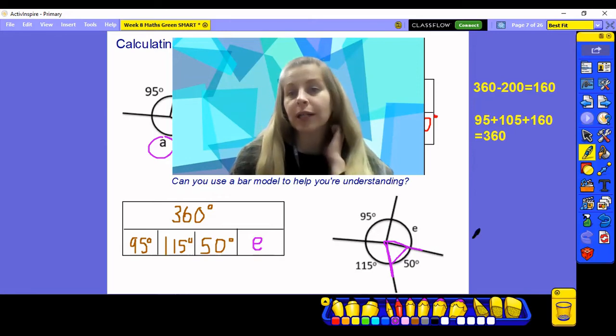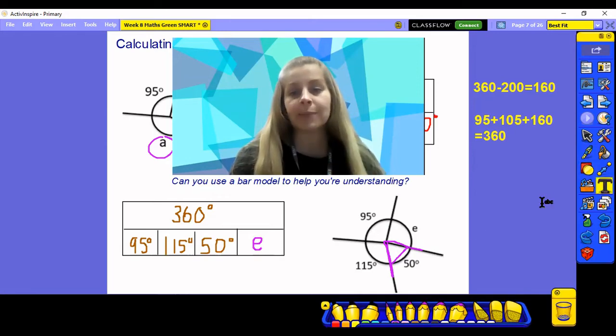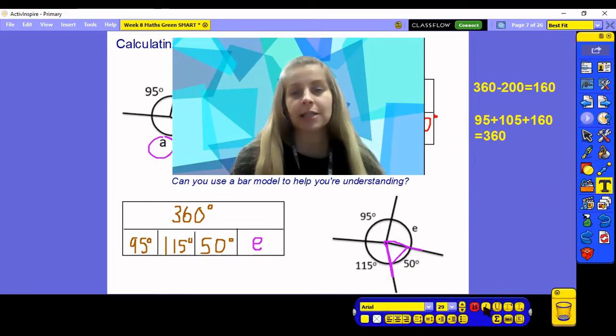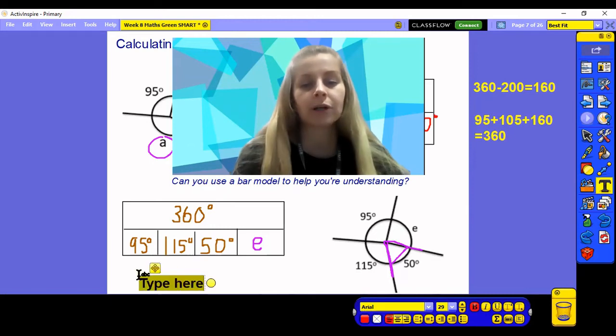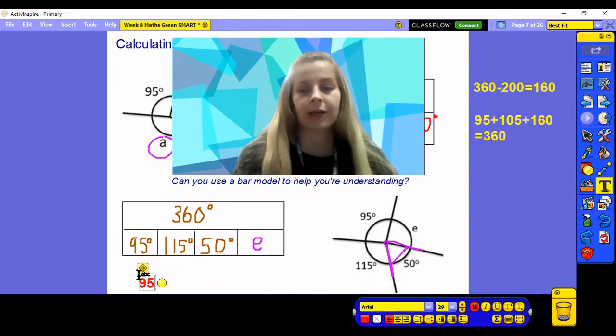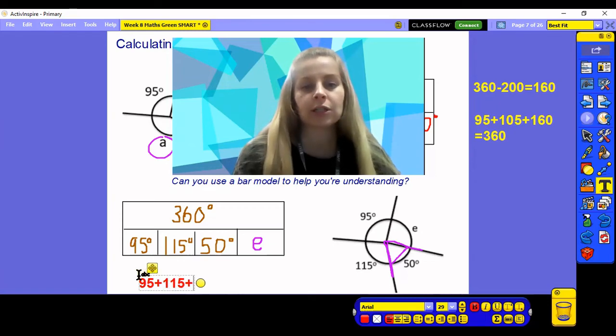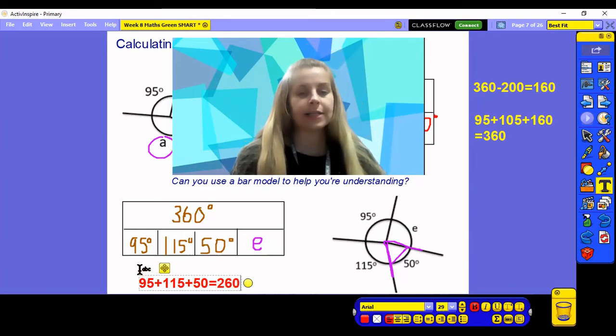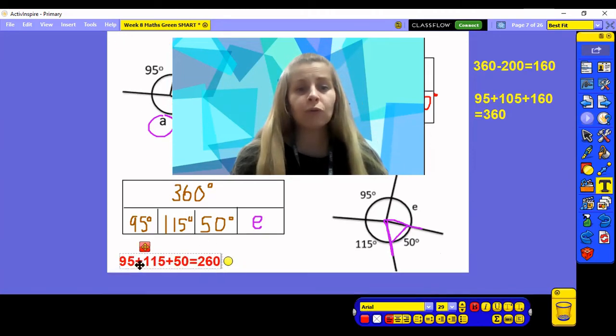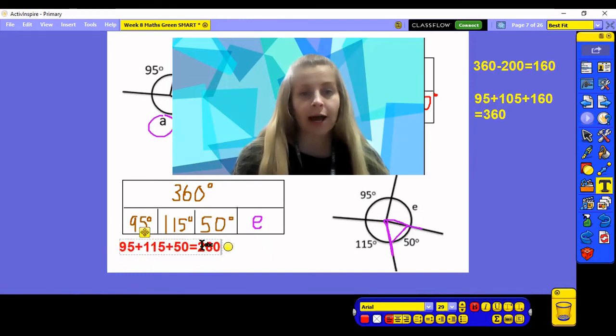So once again, we're going to be doing our quick calculating. Obviously, you can take more time on these calculations, but this is what we are ultimately calculating and putting together. So we want to find out, firstly, what 95 degrees plus 115 degrees plus 50 degrees will be. So we've got our 260 degrees. We already know that's what that total is.